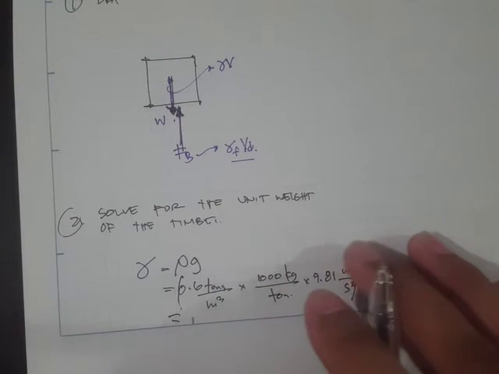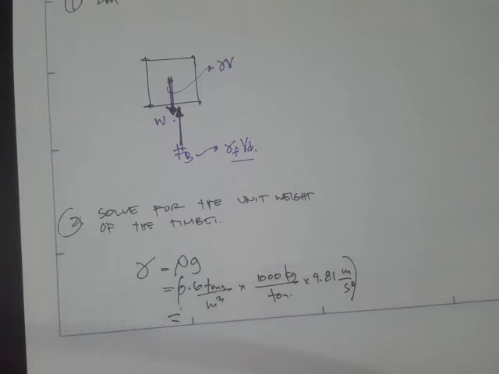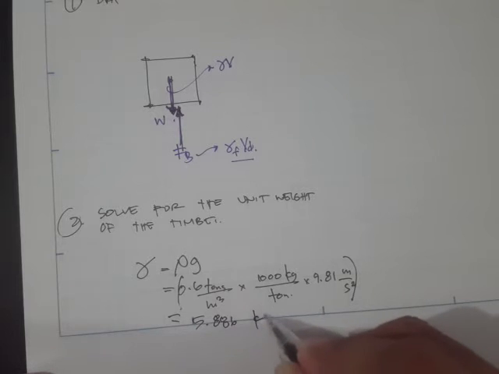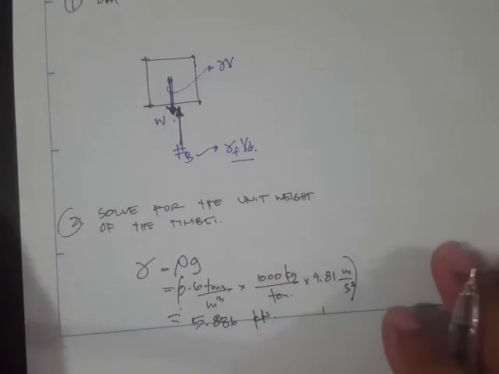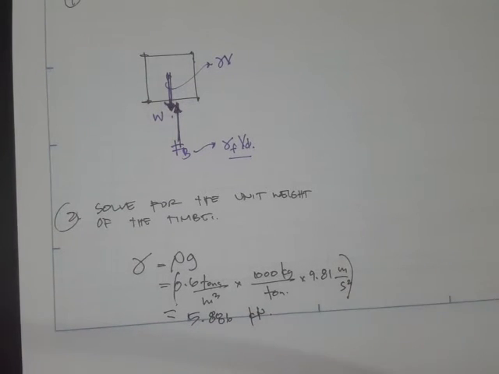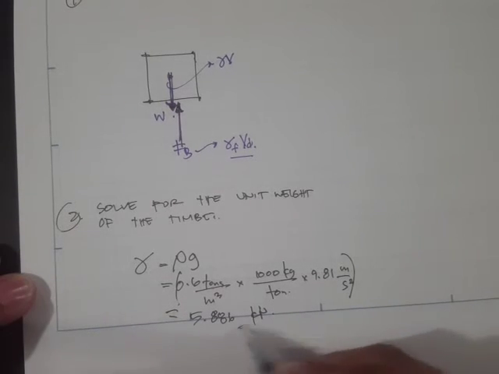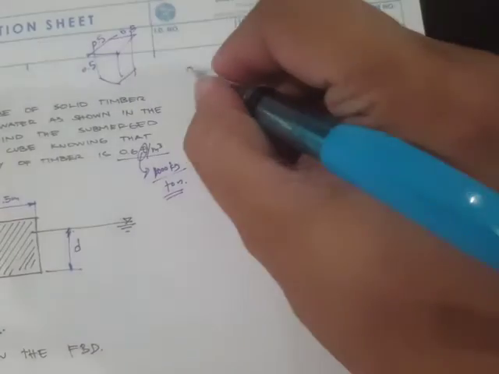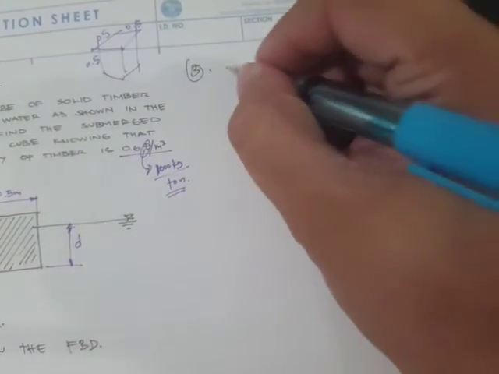The value of this is 5.886 kilonewtons per meter cube.